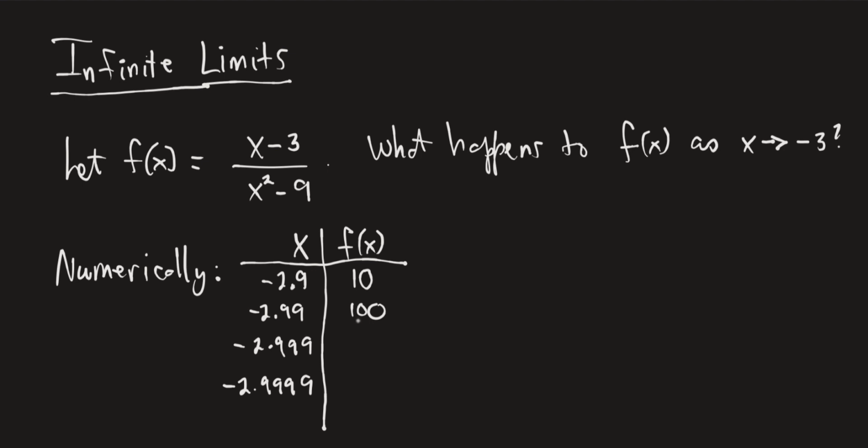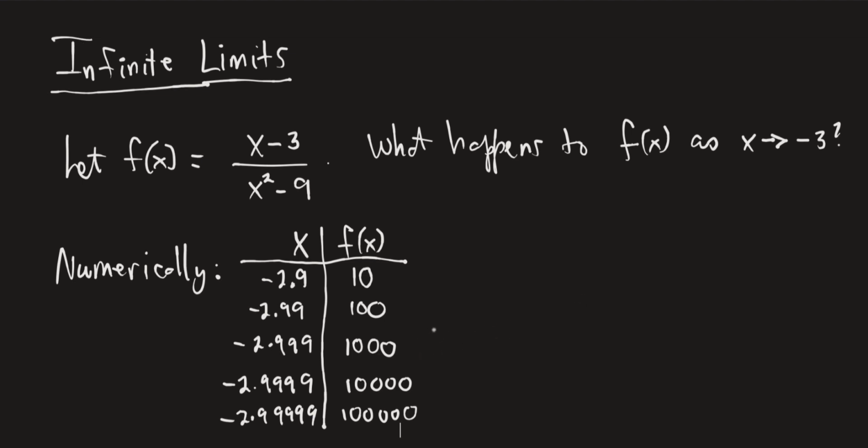Quite remarkably, each time I add a 9 after the decimal point, the function value is multiplied by 10. So the next function value is 1000, the next is 10,000, and you might guess if we were to go to negative 2.99999, we would have 100,000 as our function value.